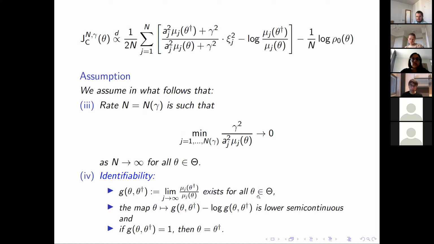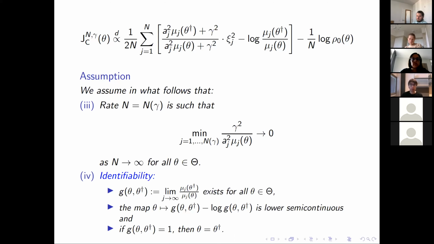But also, as I hope to converge to this g minus log g quantity, I need to know that there's a minimizer for that. So I need to assume that this is lower semi-continuous, and furthermore, a function like x minus log x is minimized at 1. So then I need to know that at the minimizer, I'm actually at the ground truth.